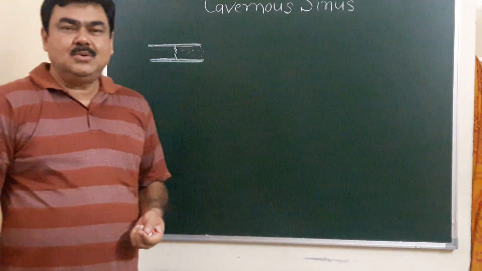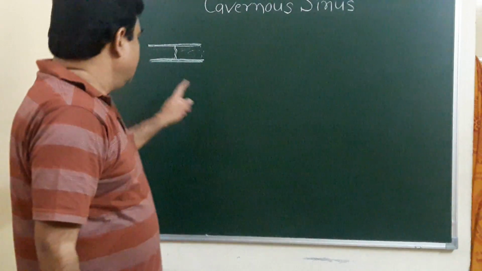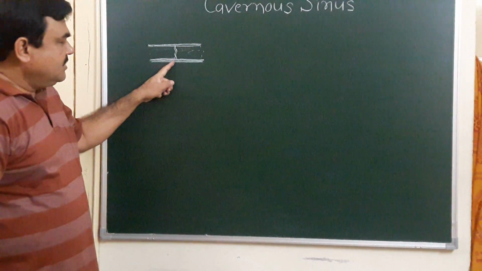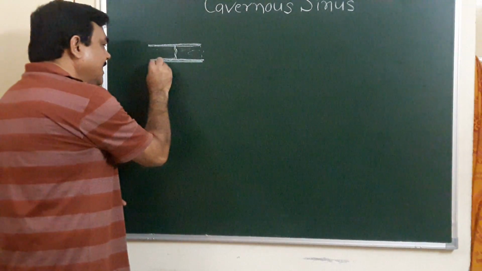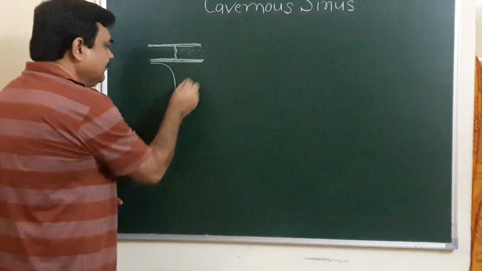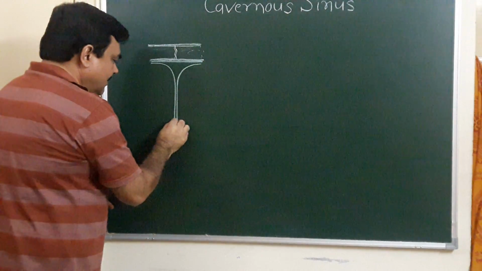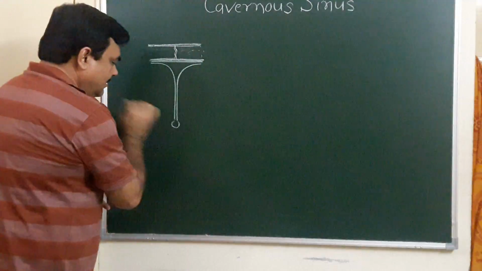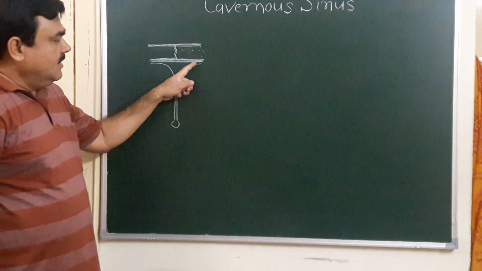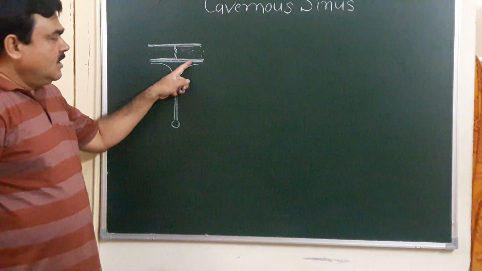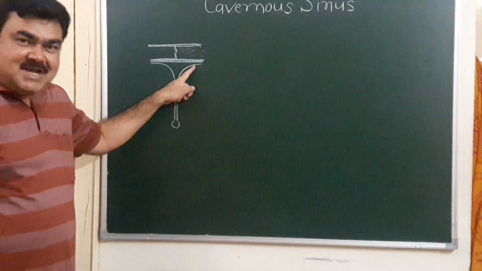Dura mater has two layers, the endosteal layer and the meningeal layer. So this is the endosteal layer of the dura mater, and here is another layer, which is the meningeal layer.